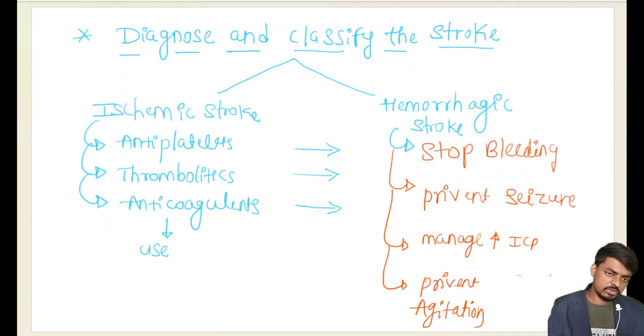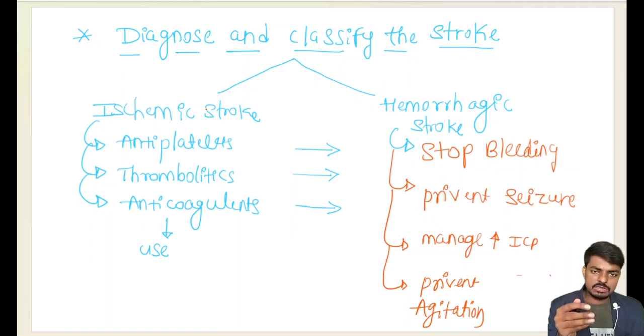So first we will diagnose the stroke. When the patient comes to the hospital in the acute phase, we will try to diagnose as early as possible whether it is an ischemic stroke or a hemorrhagic stroke, because the entire treatment changes.